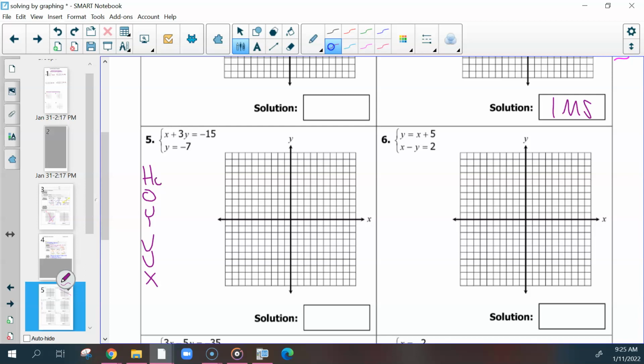Horizontal lines have 0 slope and are y equals. Vertical lines have undefined slope and are x equals. So y equals -7 is going to be a horizontal or vertical line? Horizontal. So we're going to make this a horizontal line at -7.